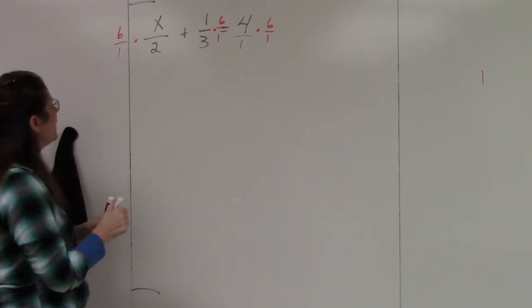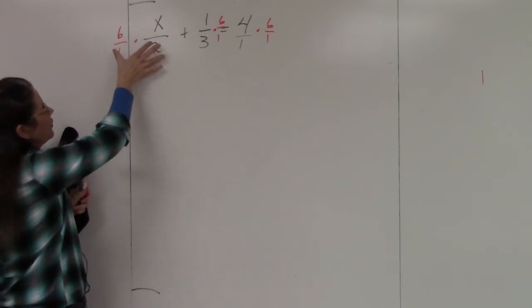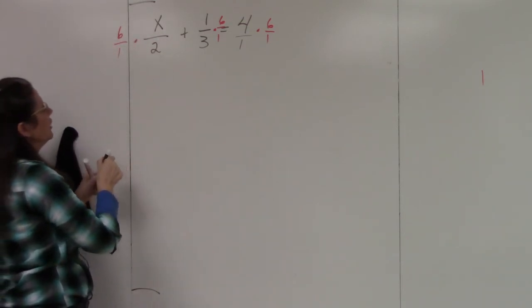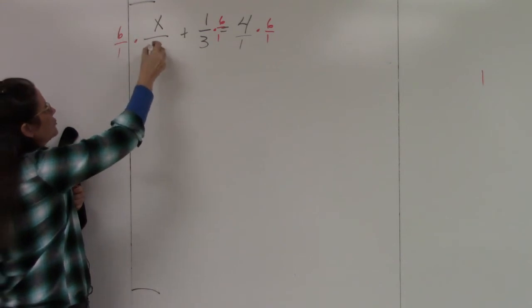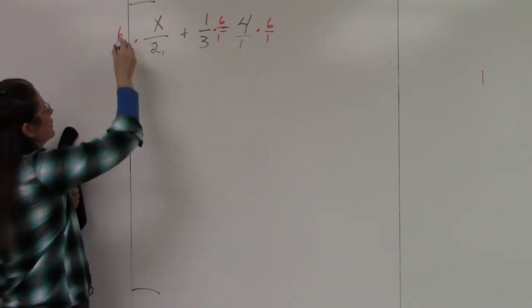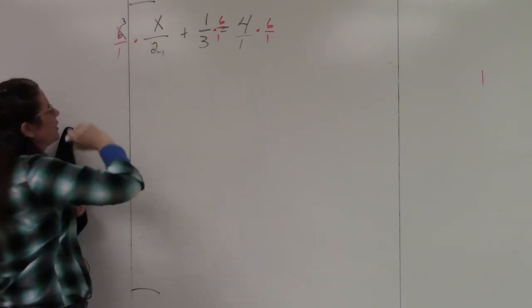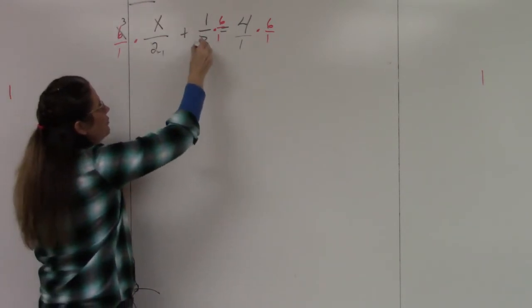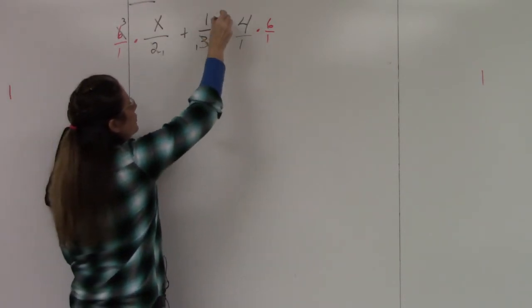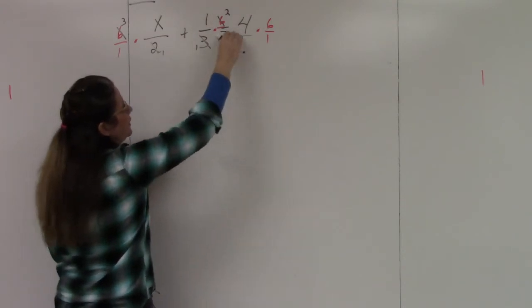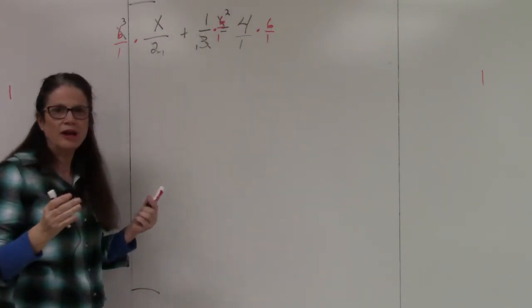Now I'm working with fractions, so I can cross cancel. The 2 goes into itself once, the 2 goes into 6 3 times. The 3 goes into itself once, the 3 goes into 6 twice, and then here I'm just multiplying because there's no canceling to do.